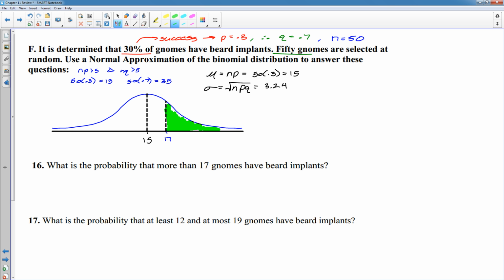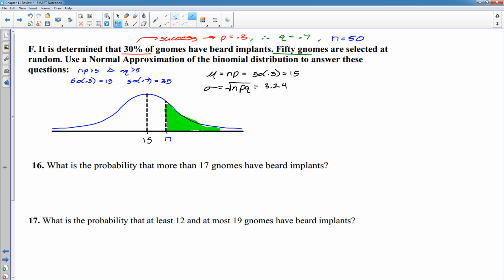Now the tricky part about a normal approximation to a binomial distribution is that you have to find that correction factor. Because with a binomial situation and a normal approximation, there's that weird thing that one allows decimals and the other doesn't, and so we have this thing called a correction factor.